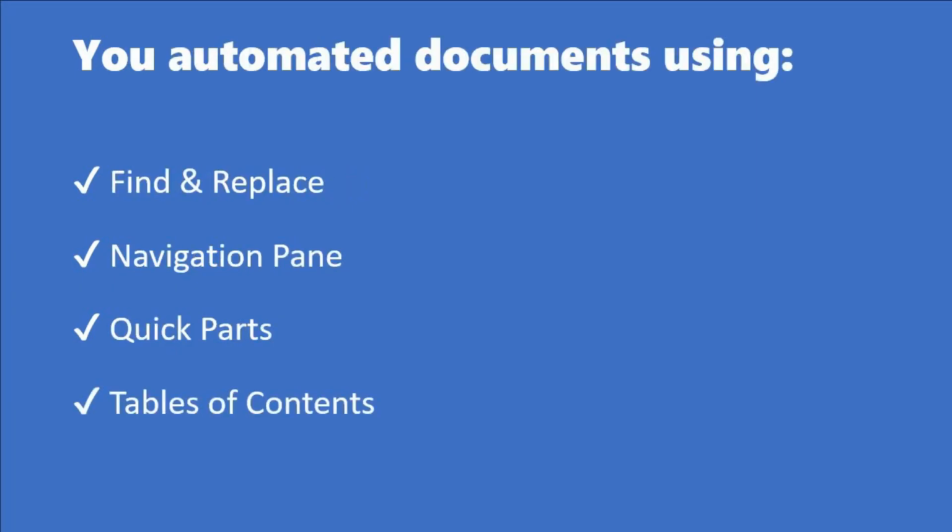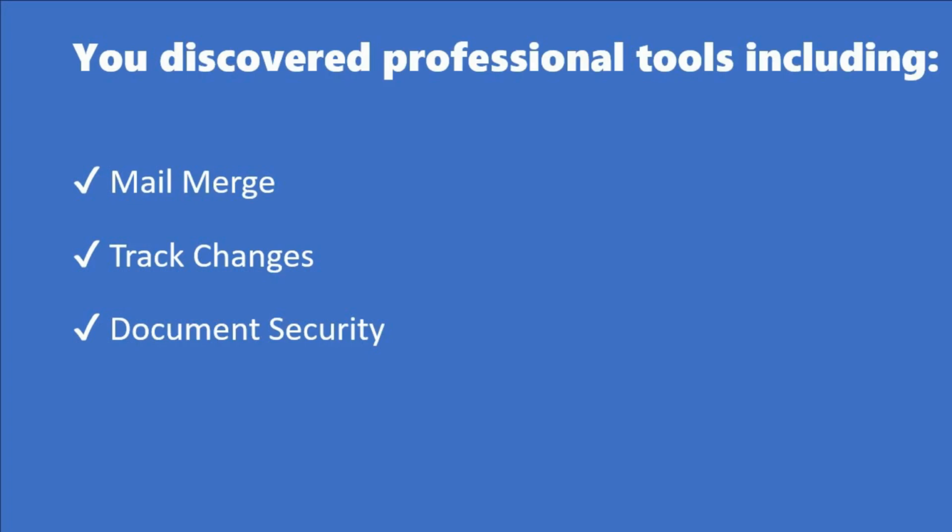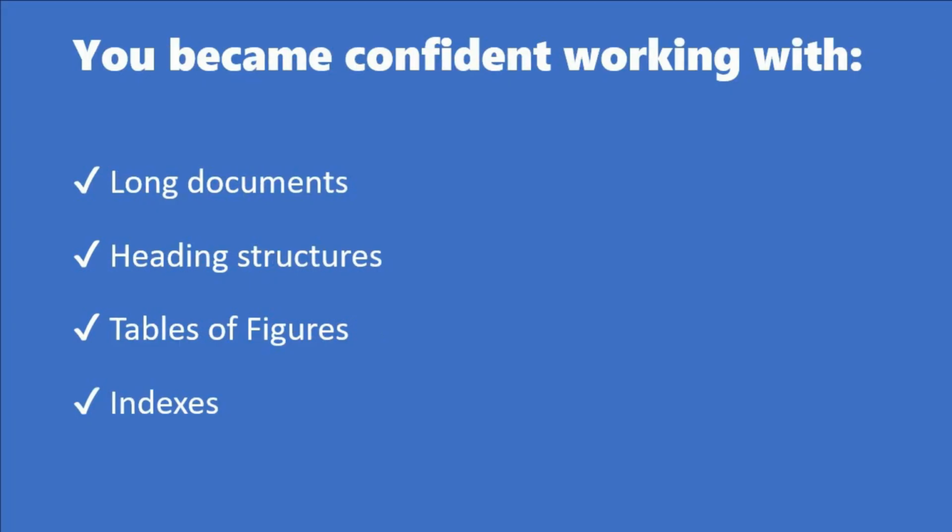In Module 5, we learned how to automate documents using find and replace, how to use the navigation pane, quick parts, and also learned how to create table of contents. In Module 6, we discovered some of the professional tools. These include mail merge, how to track changes, and also how to apply document security.